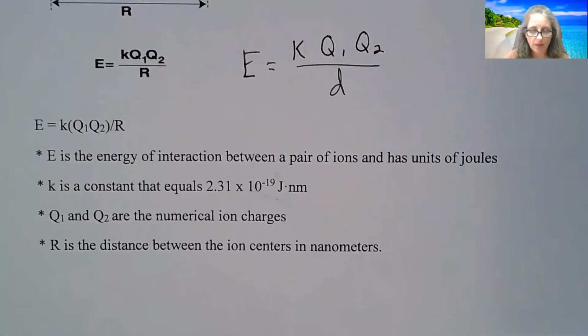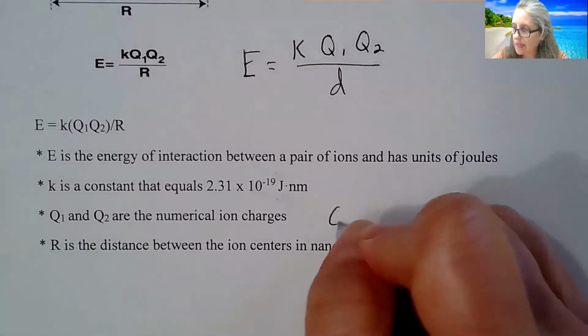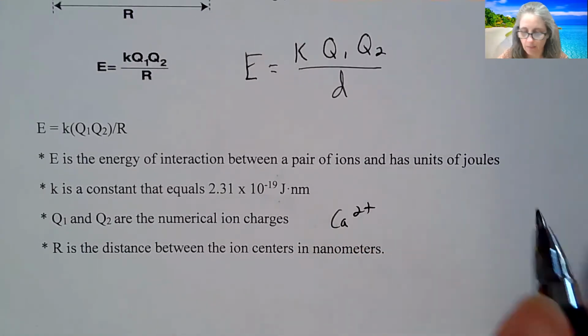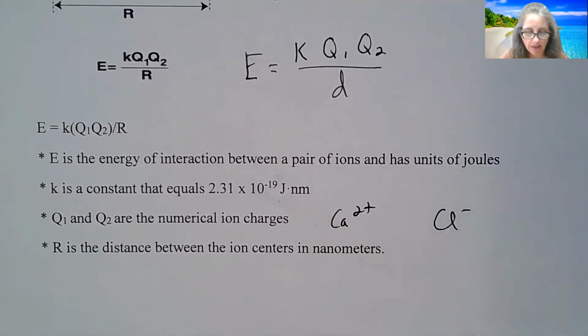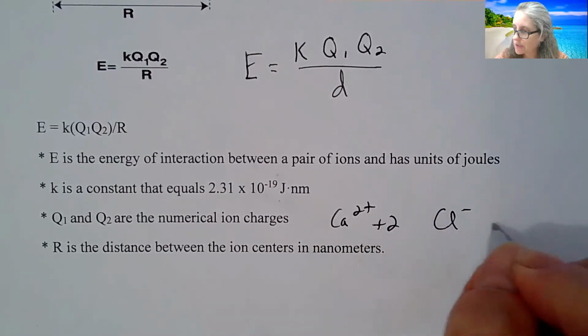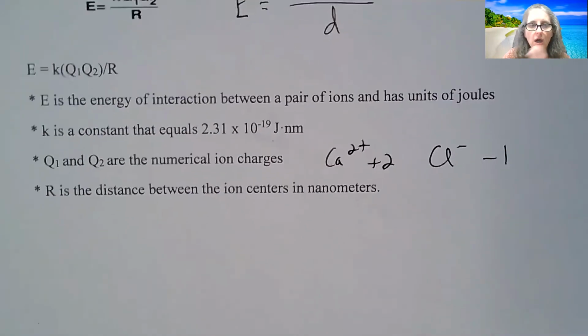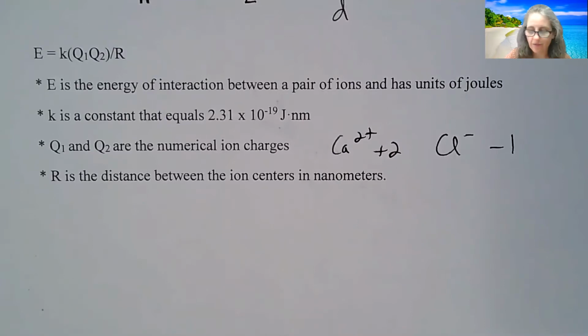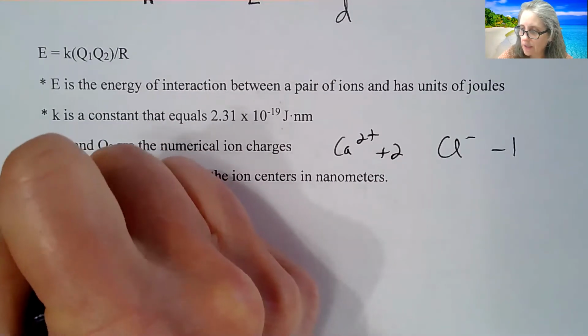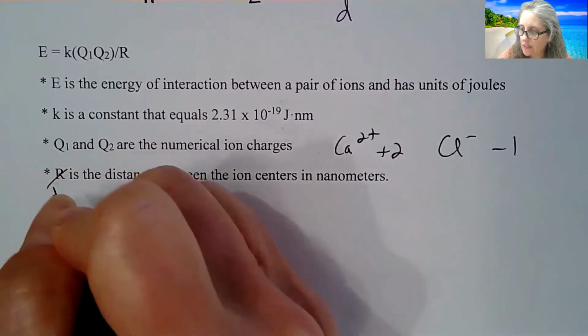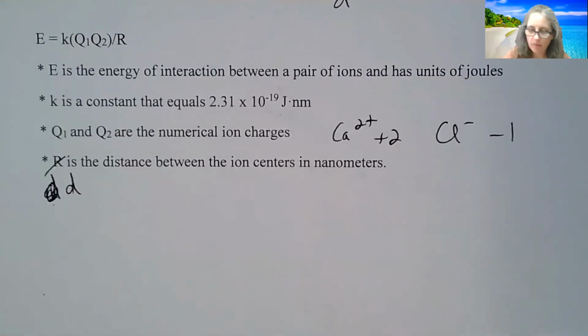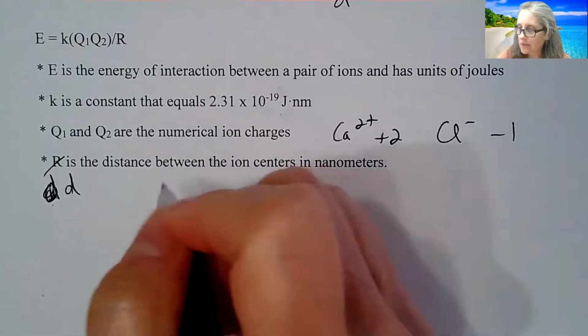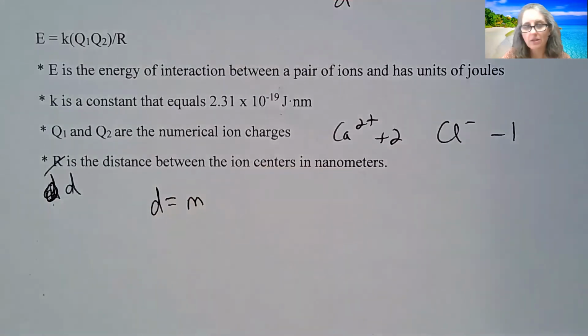Q1 and Q2 are the ion charges. So again, I have calcium, let's say, is a +2, and chlorine is a -1. So that would mean a +2 and a -1 charge. It comes from the ion itself. And then R, we could write that as a lowercase d here, is the distance between the ions in nanometers. Sometimes they do it in meters.